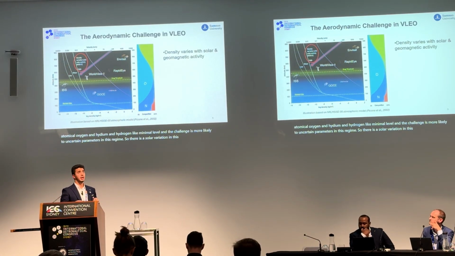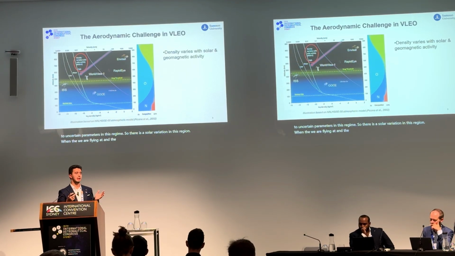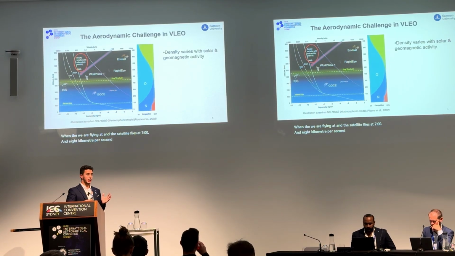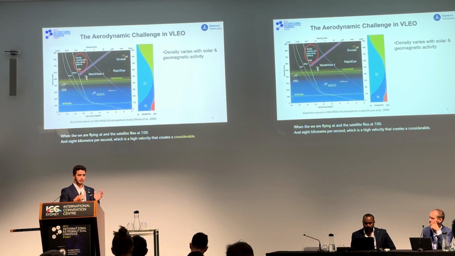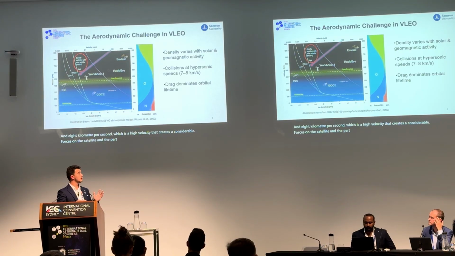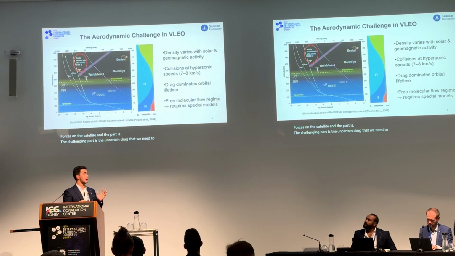The satellite flies at 7 to 8 kilometers per second, which is a high velocity that creates considerable forces on the satellite. The challenging part is the uncertain drag, since we need to model the molecules in this regime.